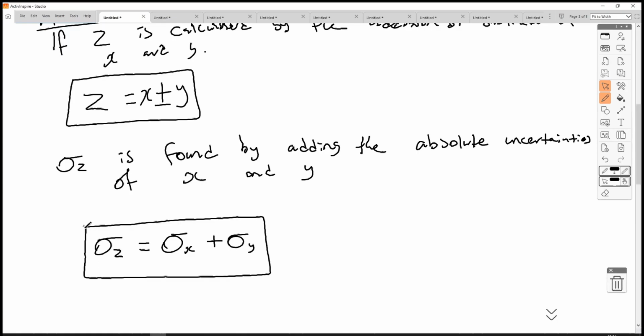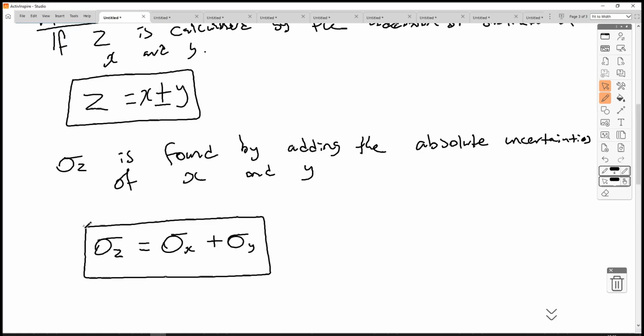Now, it might not be intuitive in some cases. So for example, if we said that z was equal to x plus y, then it makes sense because you add their uncertainties. If the number gets bigger, the uncertainty gets bigger. What might be slightly less intuitive is if we did x minus y, and then we still add their uncertainties, and you might think, well, the number gets smaller, but why does the uncertainty get bigger?